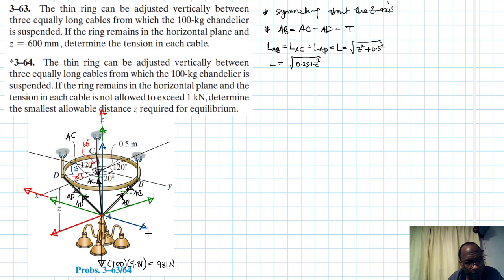We start with AB. AB, we said, is only in the YZ plane.